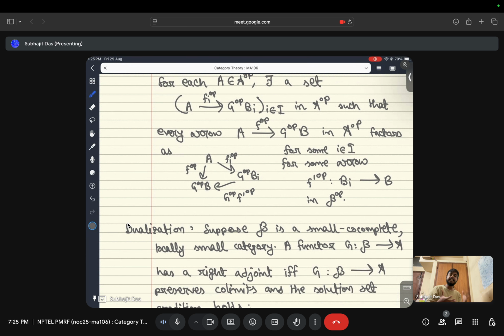So a weakly initial set in a category is a set of objects in the category such that for every object there is some object in our set together with a map from this chosen object from our set to that arbitrary object, right? So we should say for some i in I and for some arrow, yeah.